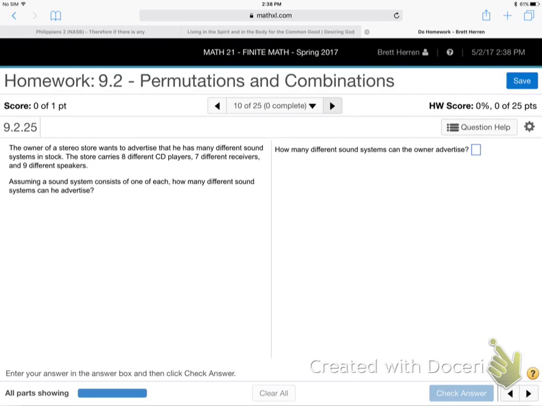Okay. The owner of a stereo store wants to advertise that he has many different sound systems in stock. The store carries 8 CD players, 7 receivers, and 9 speakers. Assuming a sound system consists of one of each, how many different sound systems can he advertise? Does that make sense?